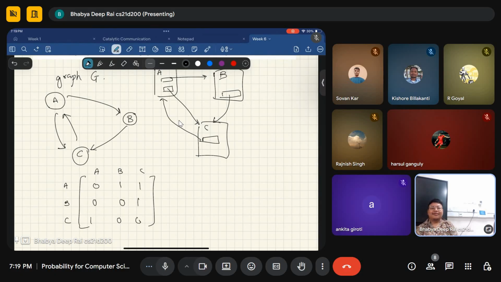Now, can you think of how to make this into a Markov chain? Can you tell me why this does not represent a probability matrix of a Markov chain?